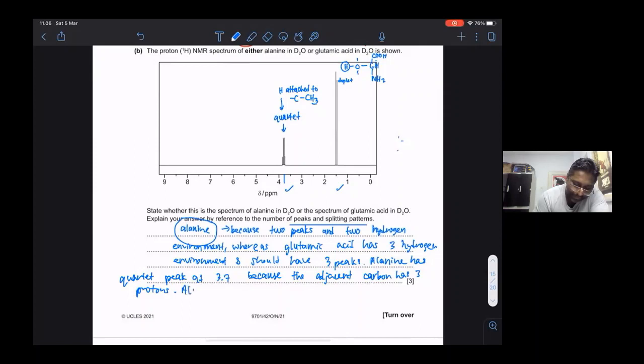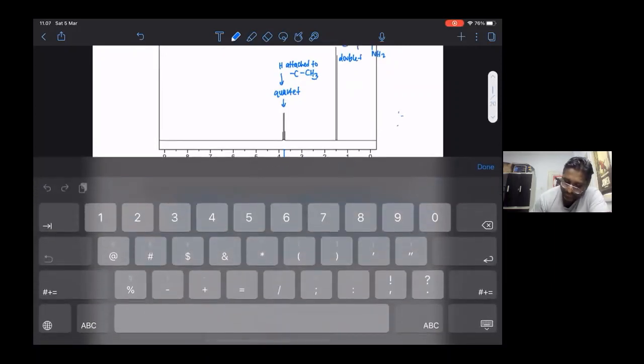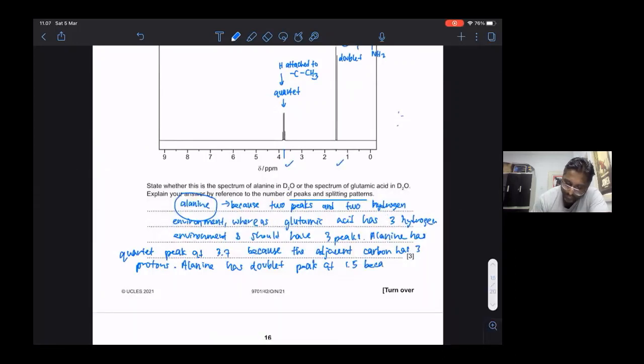And then you say alanine also has a doublet peak at maybe I'll just put 1.5 here, at 1.5, because the adjacent carbon has 1 hydrogen.